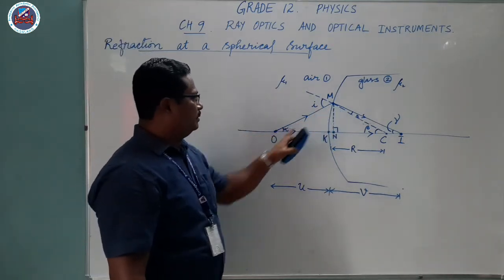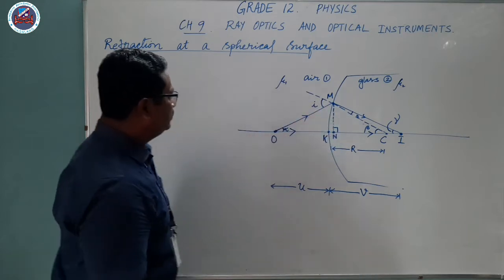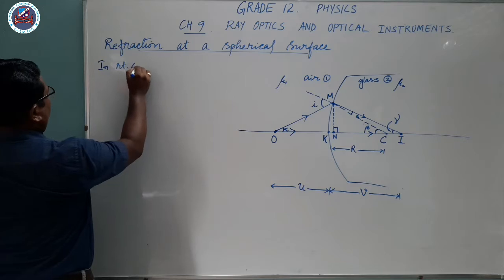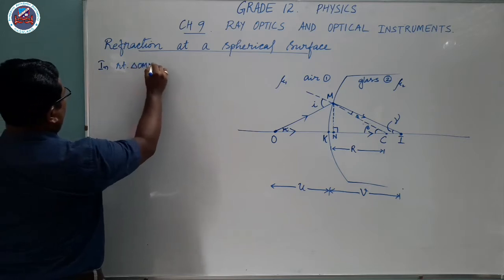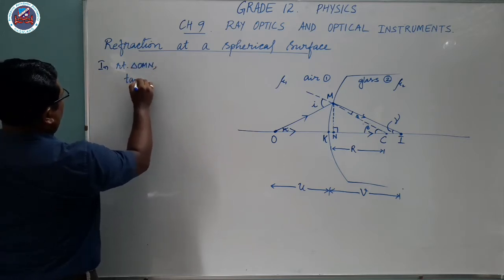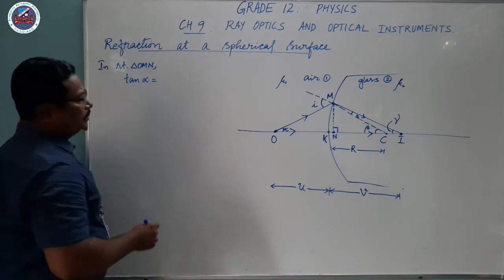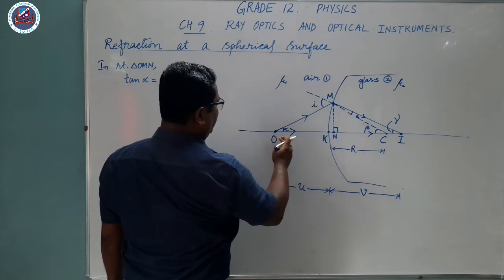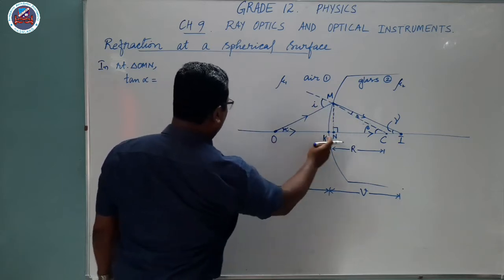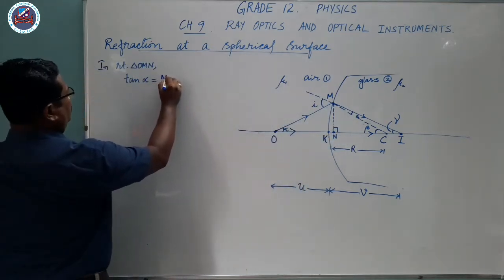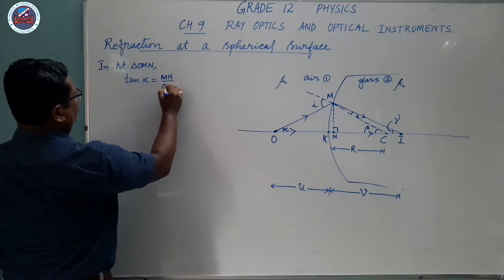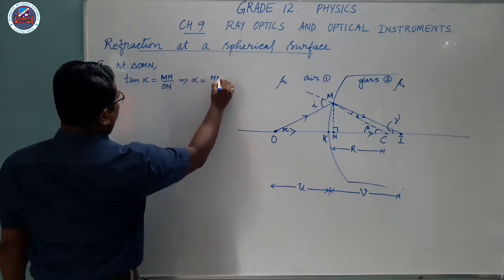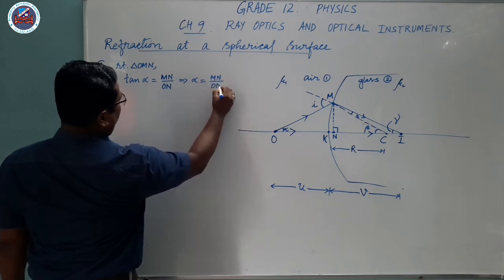In right triangle OMN, tan alpha is equal to, tan theta is defined as perpendicular by base, so MN by ON. This will give us alpha is equal to MN by ON.